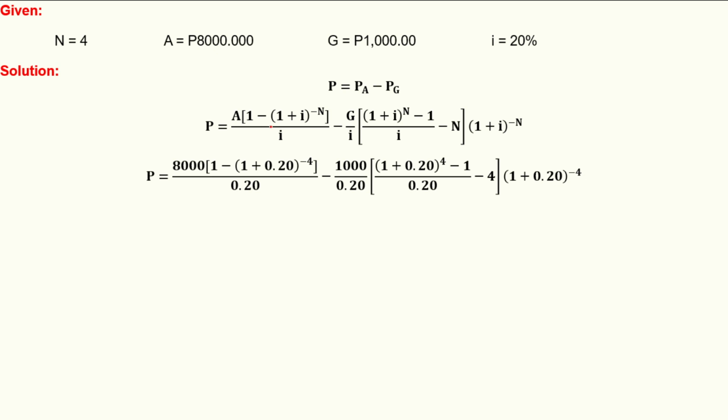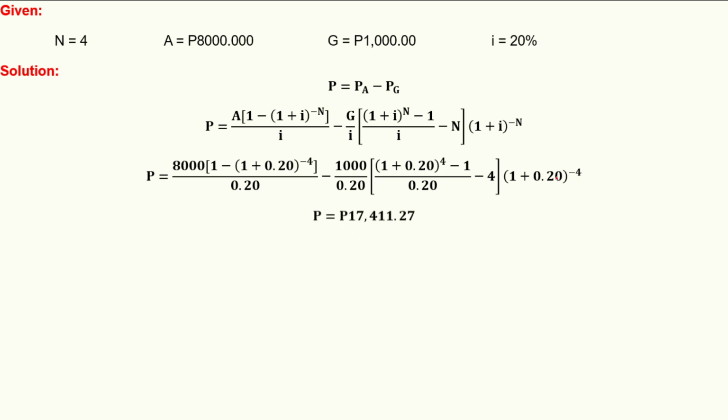So, substitute natin kasi given naman lahat yan eh. So, we have P is equal to 8,000, yan yung A natin, times 1 minus 1 plus I, which is 20%, raised to negative n, which is 4, over I, which is 0.20, minus G natin ay 1,000 over I, which is 20%, times 1 plus 20% raised to 4 minus 1 over 0.20, then minus n, which is 4, times 1 plus I, which is 20%, raised to negative n or negative 4.